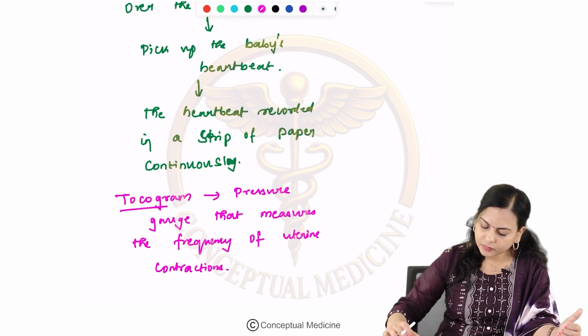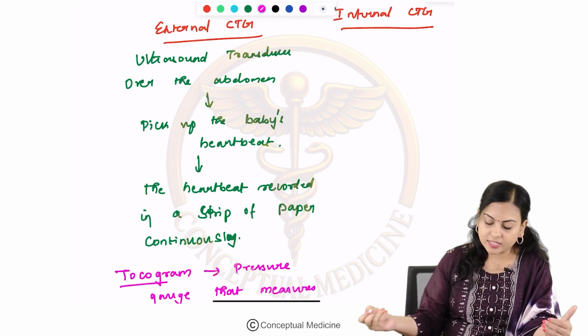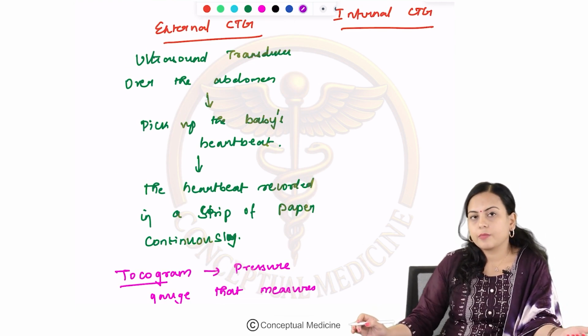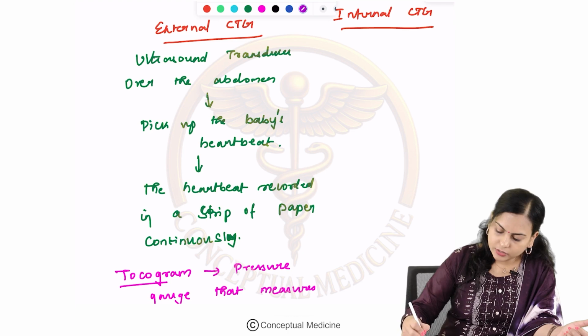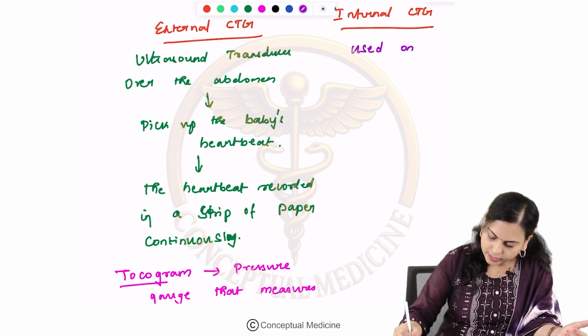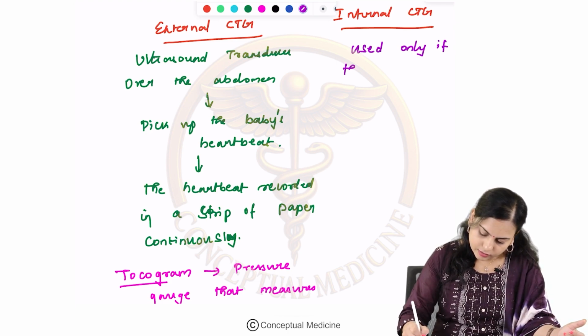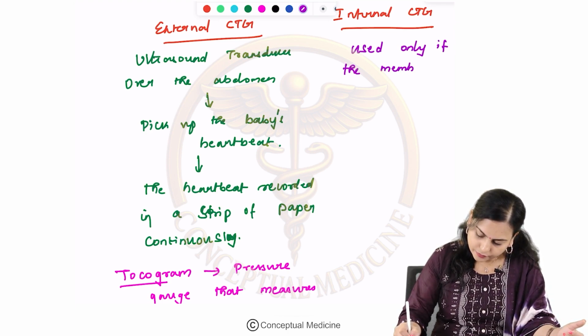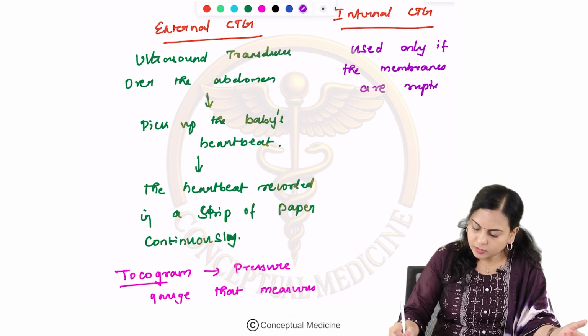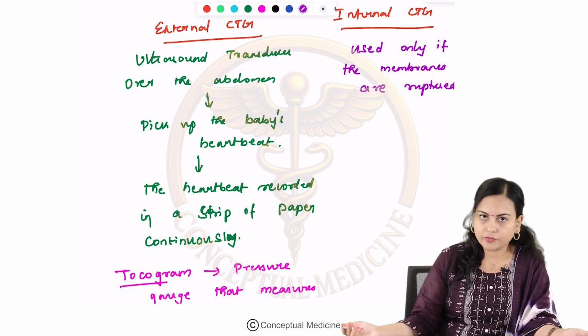Now coming to internal CTG. So internal CTG can be used only if the membranes are ruptured, either spontaneously or artificially.